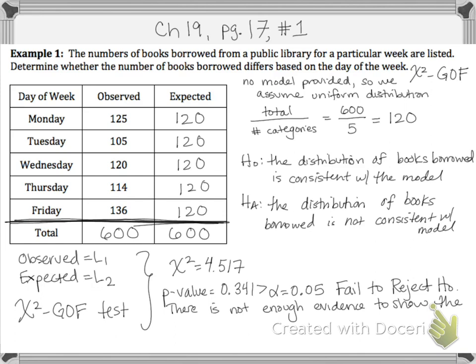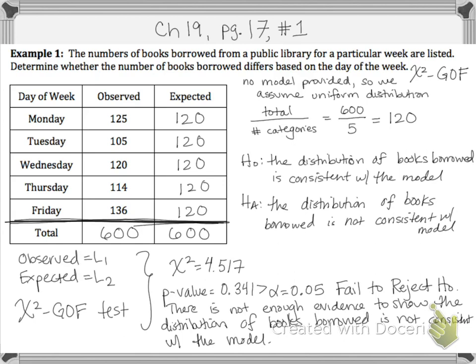The distribution of books borrowed, sorry, I know this is getting really low on the screen, is not consistent with the model. Okay, so there's not enough evidence to show the distribution of books borrowed is not consistent with the model.